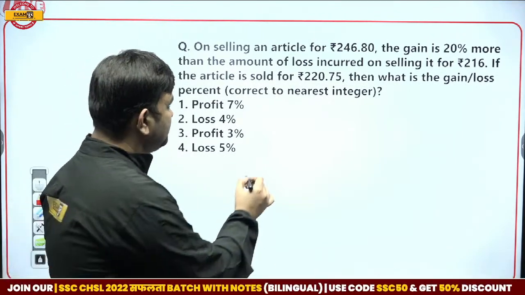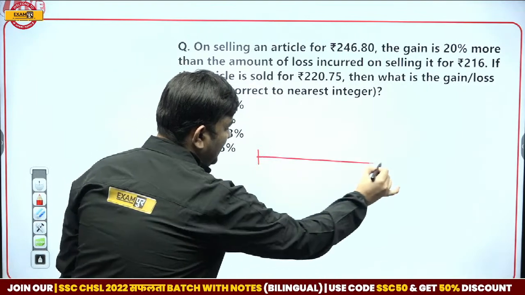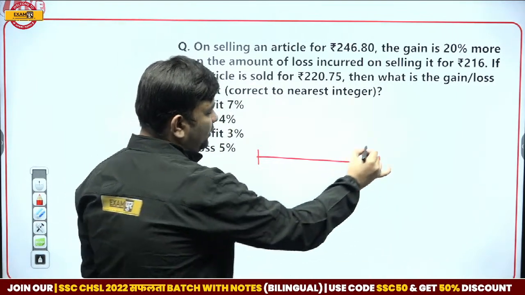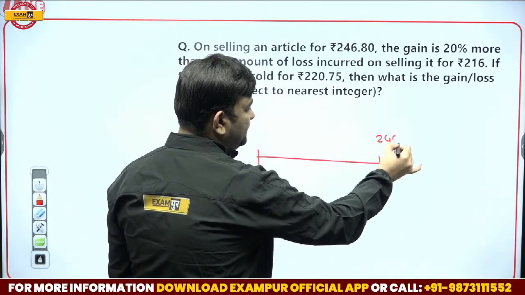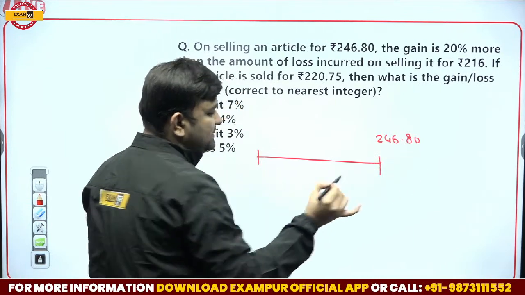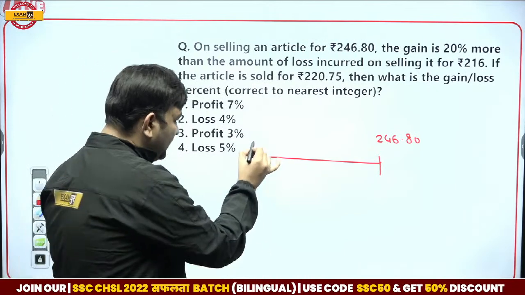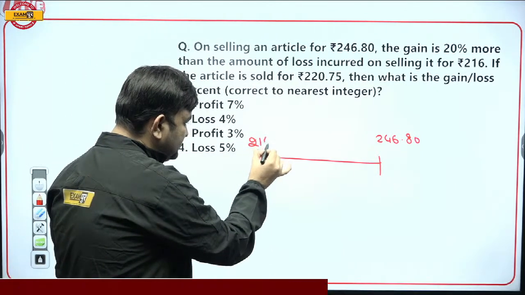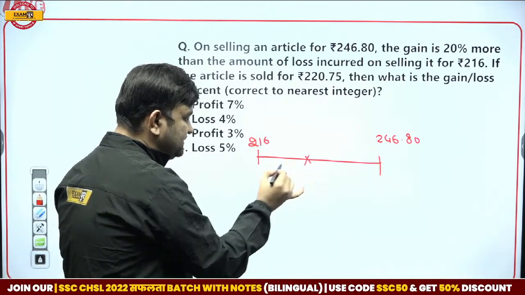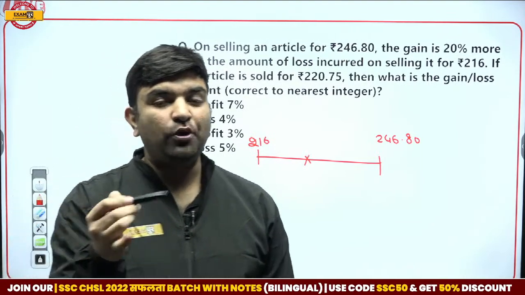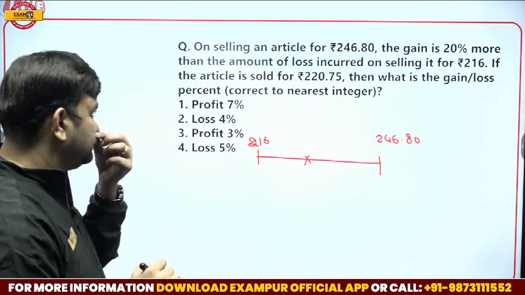Good evening, Harika. When you are selling it for 246.80, in one case you are selling it for 246.80, in the other case you are selling it for 216. At 216 there is a loss, and at 246.80 there is a profit.